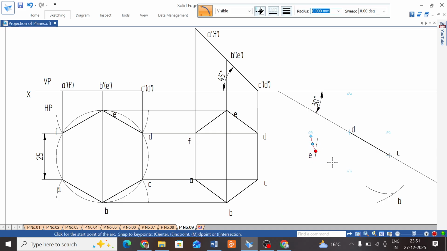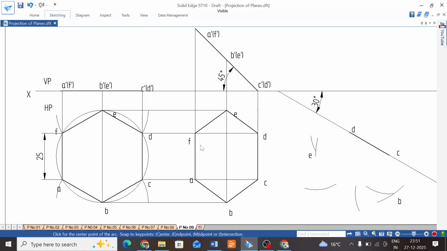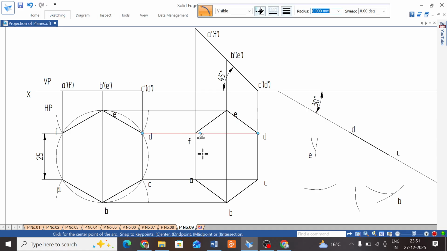Take E as the center, 21, draw one arc. Same way, B as the center, 21, draw one more arc. To get the intersection point, use the B to F radius. B to F I am taking.